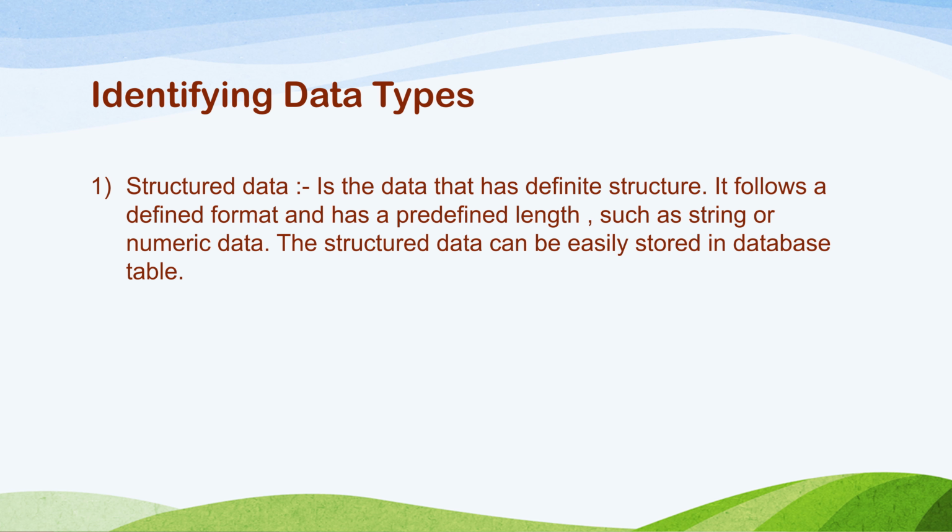It follows a defined format and has a predefined length, such as string or numeric data. Structured data can be easily stored in a database table. For example, the roll number of a student is a numeric value and can be easily stored in the roll number column of the student table.